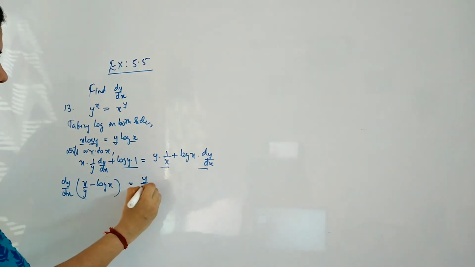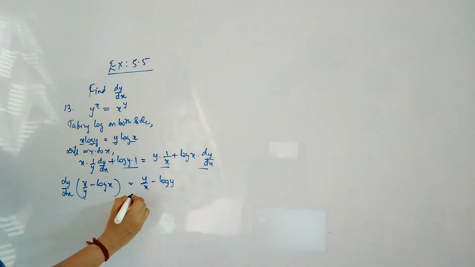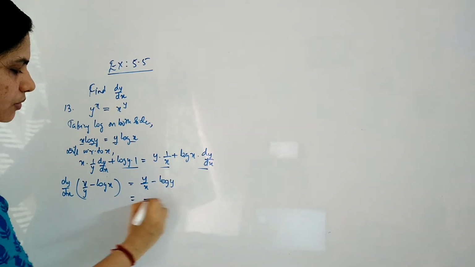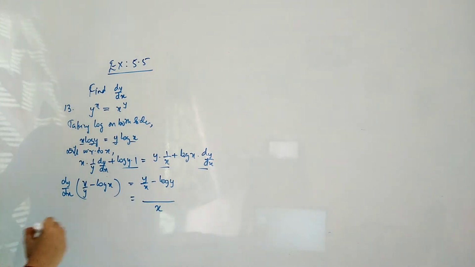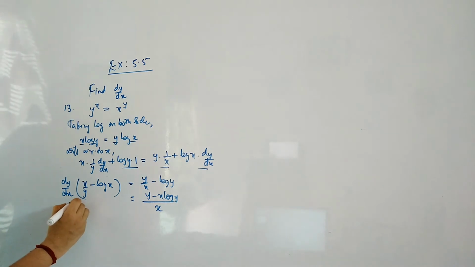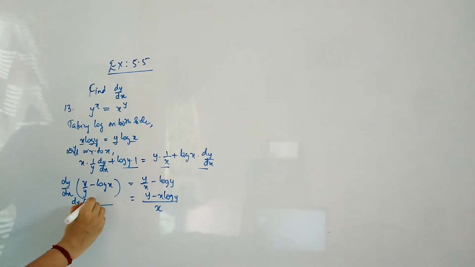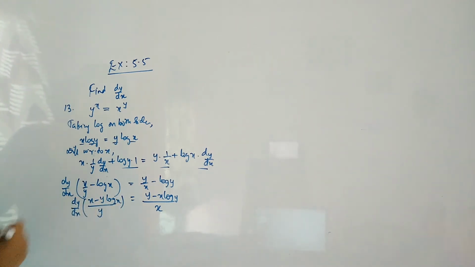This is already here, y by x minus, this will become minus log y. Okay. Now you can take LCM for both. Here you will have x in the denominator, y minus x log y. Here you will have dy by dx into y in the denominator, x minus y log x in the numerator.